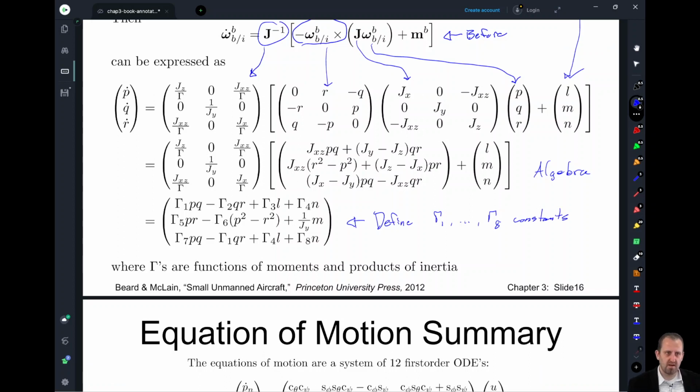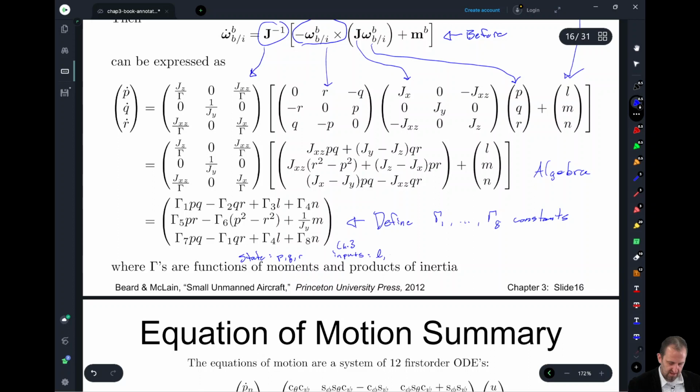And we can see that our P dot, Q dot, and R dot are now functions of all of these elements. So they're functions of our state. Recall that our state here is P, Q, and R, and our inputs, again for chapter 3, are L, M, and N.